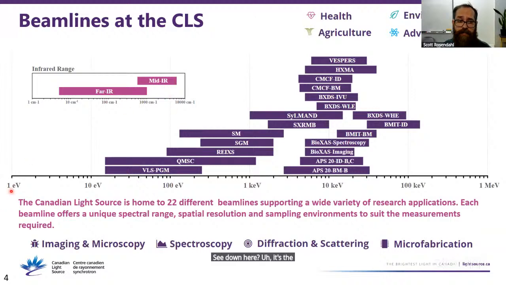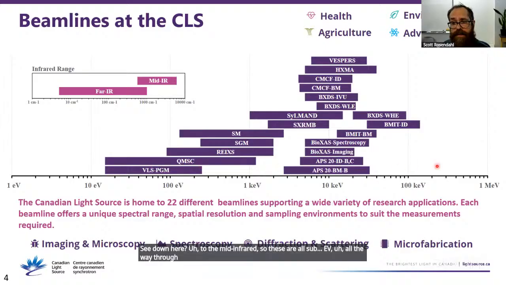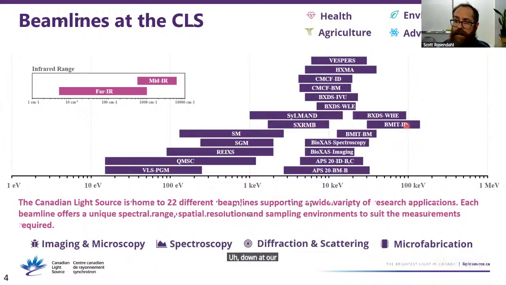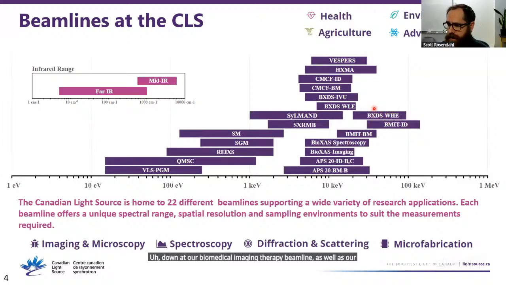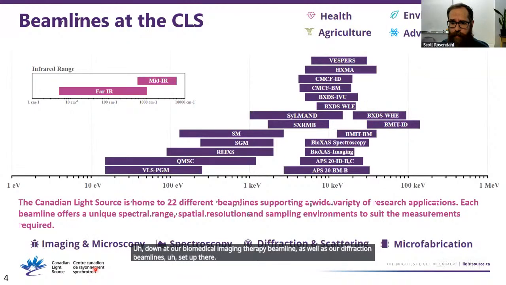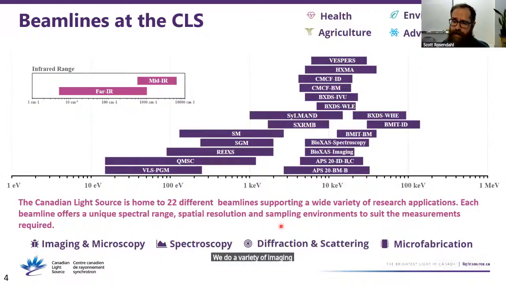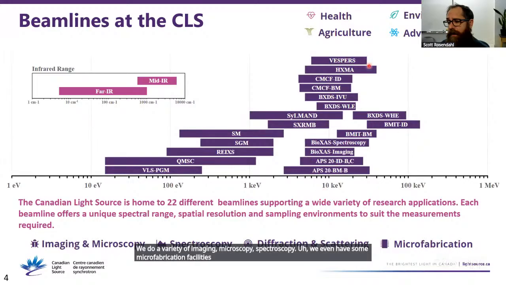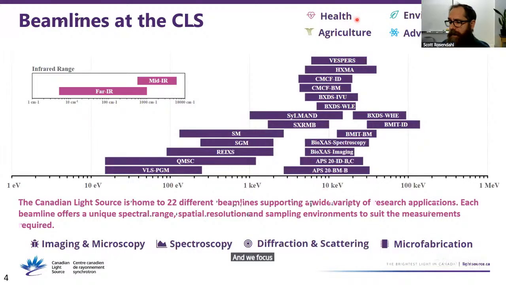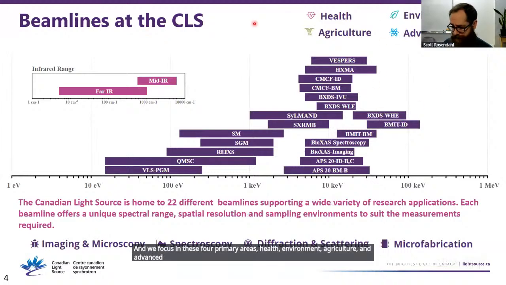So these are all sub-eV, all the way through to very, very hard, high energy X-rays down at our biomedical imaging and therapy beamline, as well as our diffraction beamlines set up there. We do a variety of imaging, microscopy, spectroscopy. We even have some microfabrication facilities. And we focus in these four primary areas: health, environment, agriculture, and advanced materials.